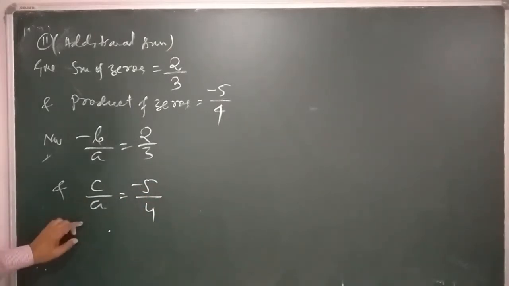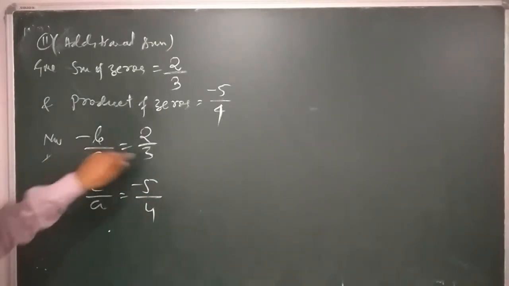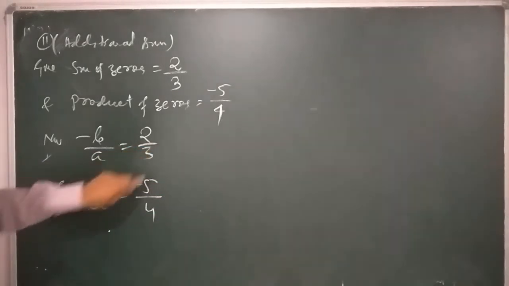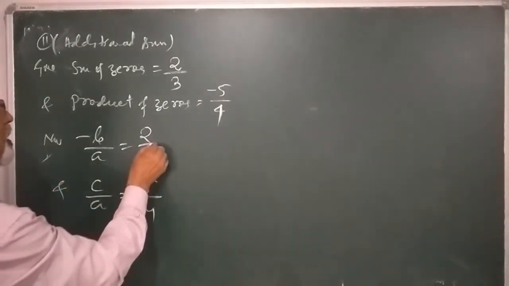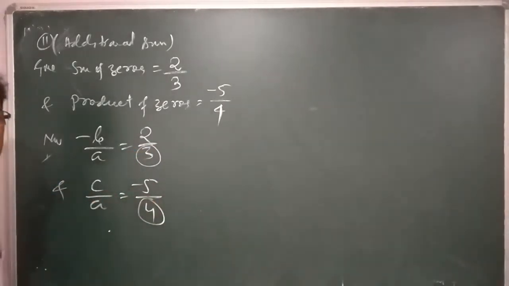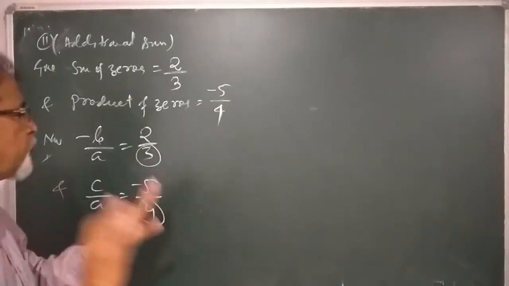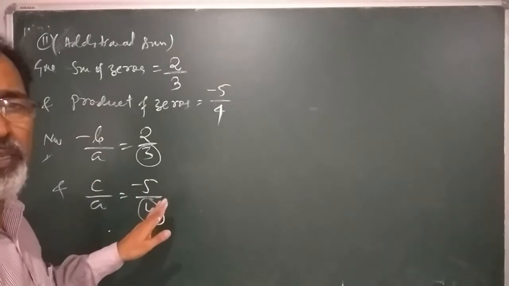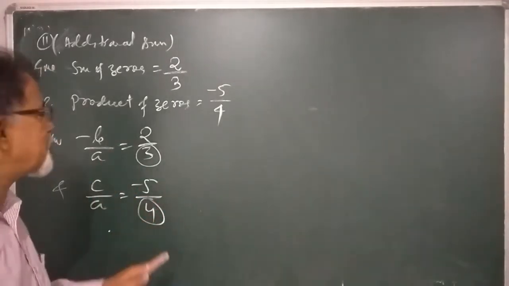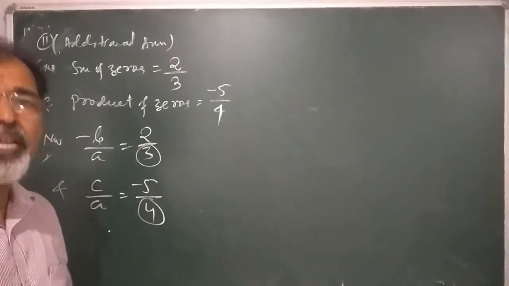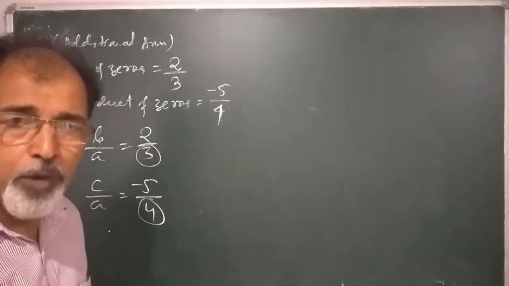Now let us see here what is the value of a in the first term and what is the value of a in the second one. The value of a is 3 and this is 4. They are not equal. How will you make them equal? We will make them equal by taking the LCM of 3 and 4. The LCM of 3 and 4 equal to 12.